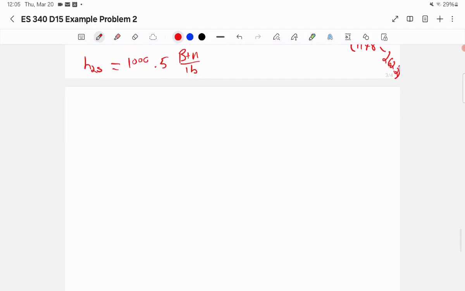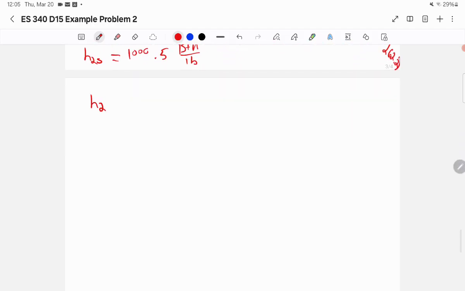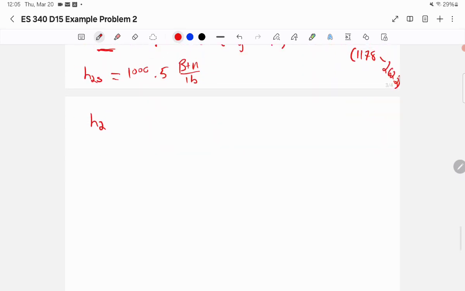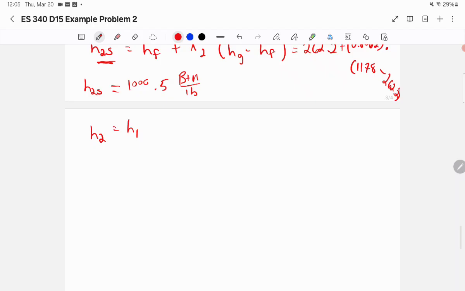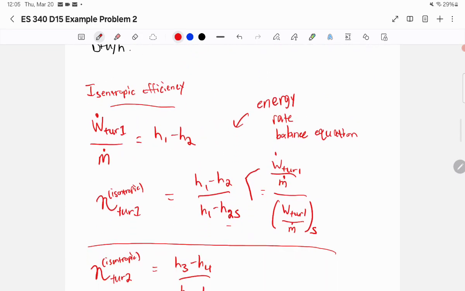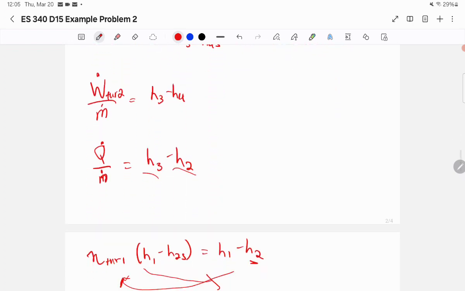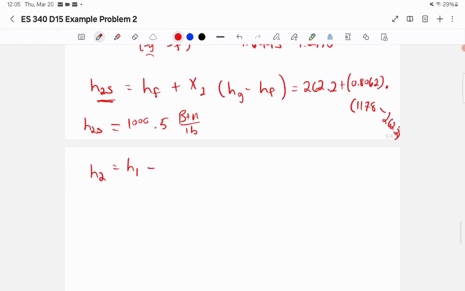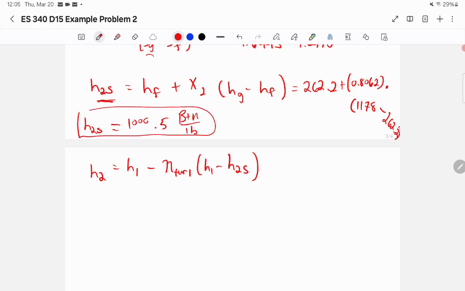And that means that my H2 then, we have the equation up here, I'll rewrite it down here, was H1 minus the eta turbine times H1 minus H2S, which is this value that we had right here for the 2S, right?